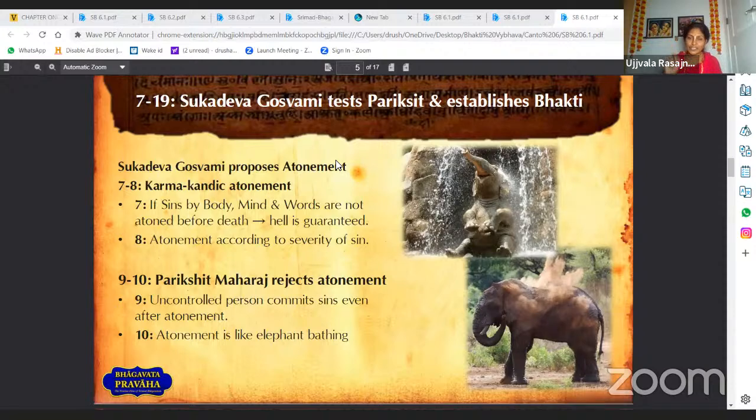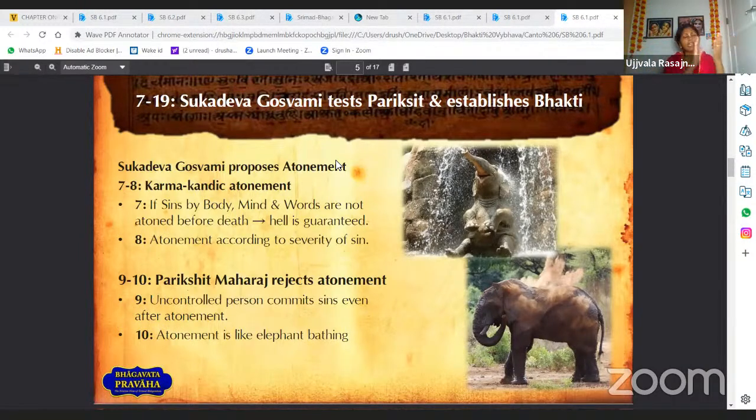Okay, so the question is, what can a jiva do so they don't end up in the hellish planet? How can the sinful tendency go away? So for that, Sukadeva Goswami says, oh, that's simple. When a person commits sins, he just has to do the prayaschitta, atonement.